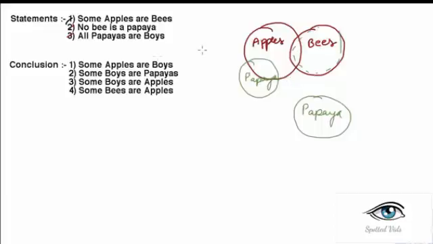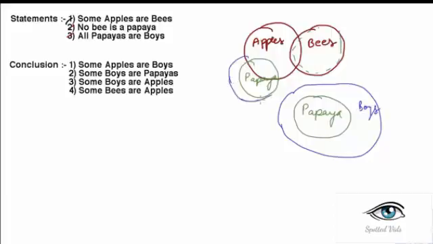And the third one is all papayas are boys. So all papayas are part of the bigger circle, boys. So it can be like this. This is for boys.